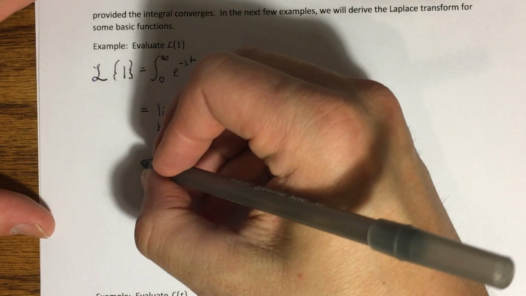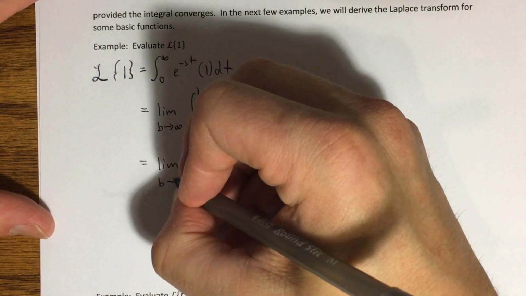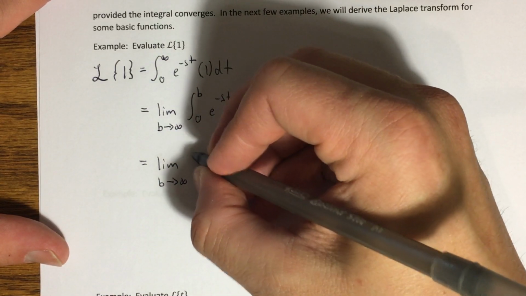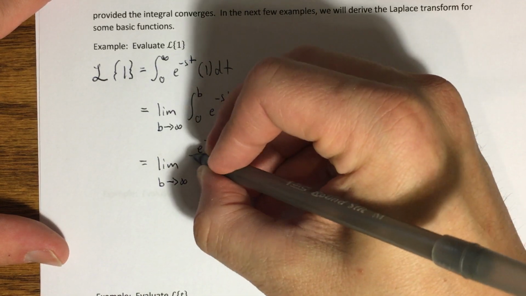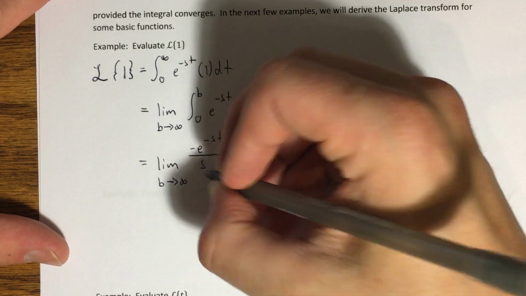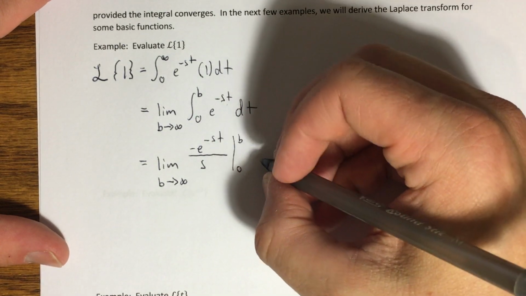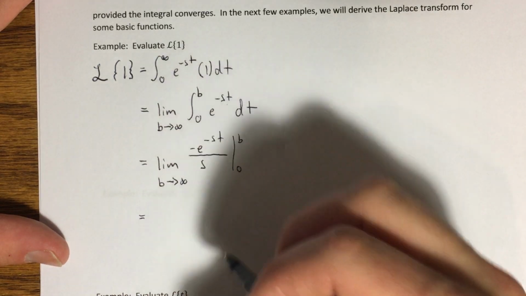So that means that we're evaluating this. Okay? So this is going to look like e to the negative st over, let's say, negative s, like that, and it's going to go from 0 to b. Okay, well, what is that equal to?